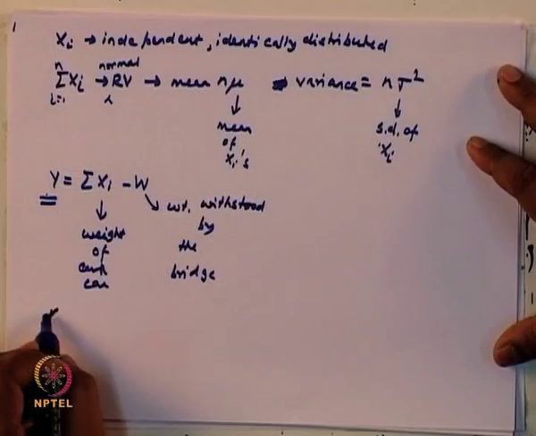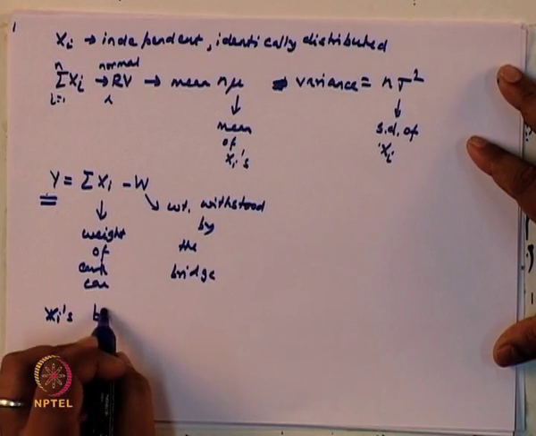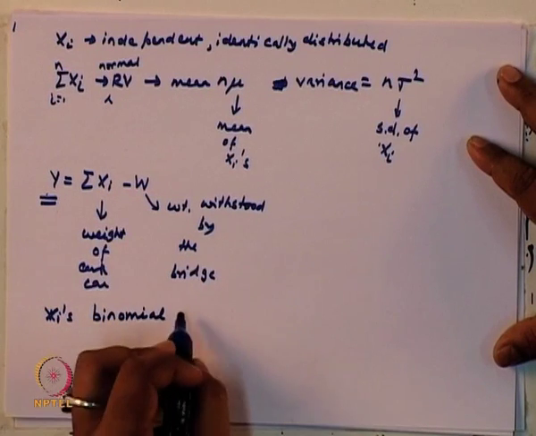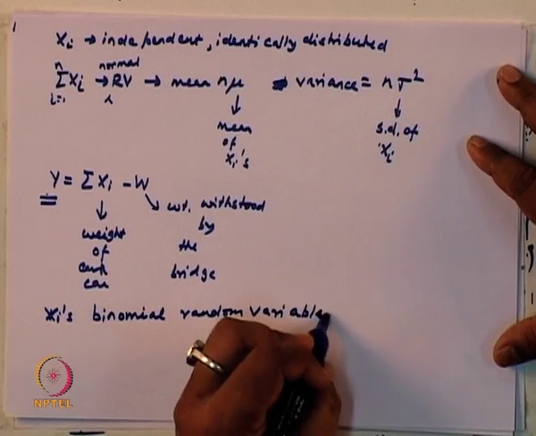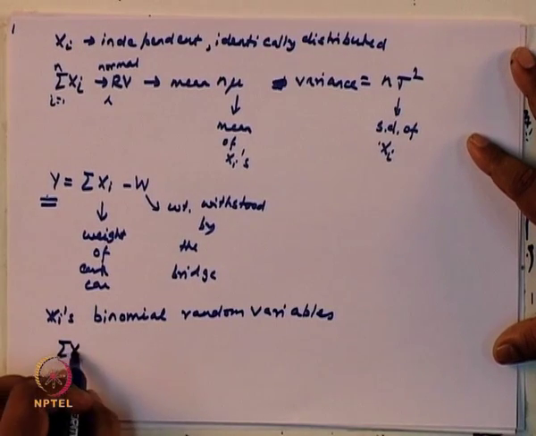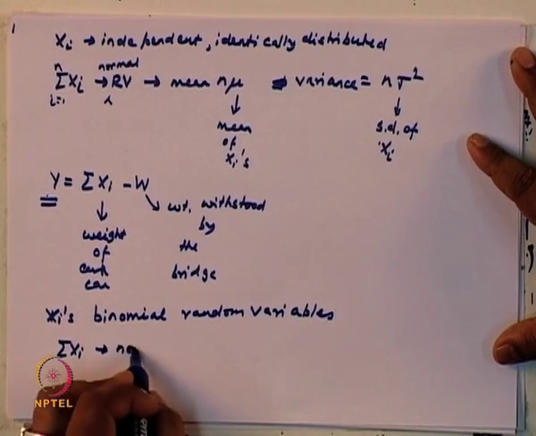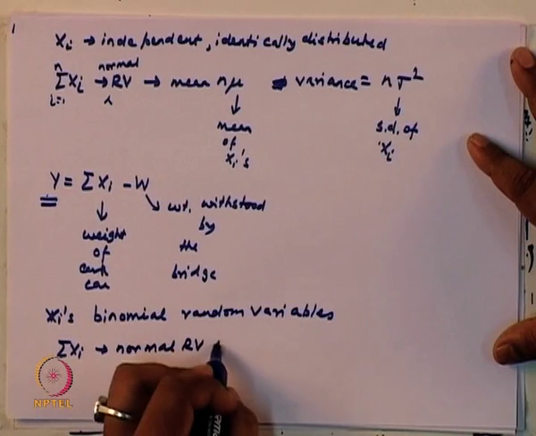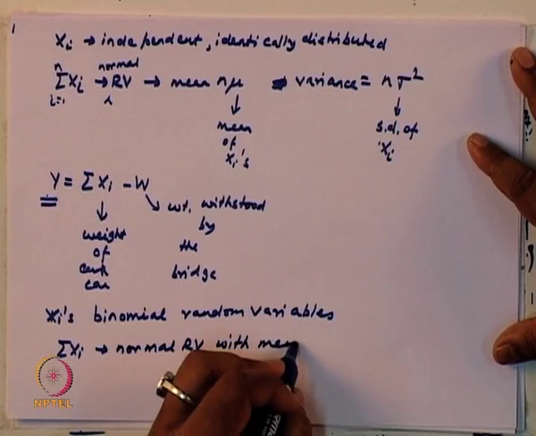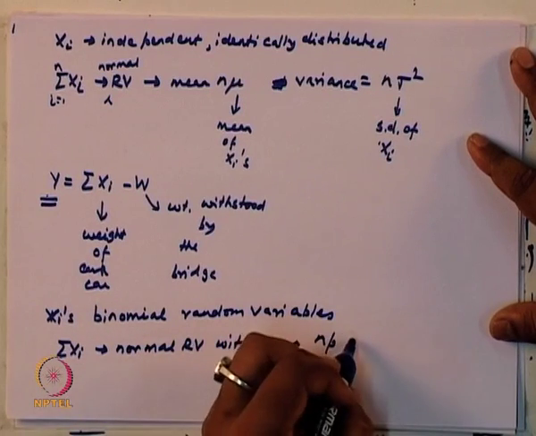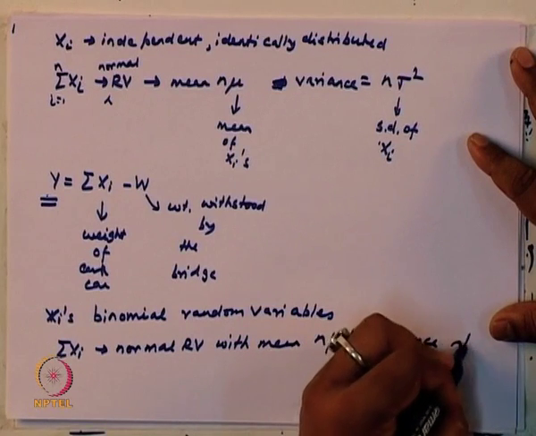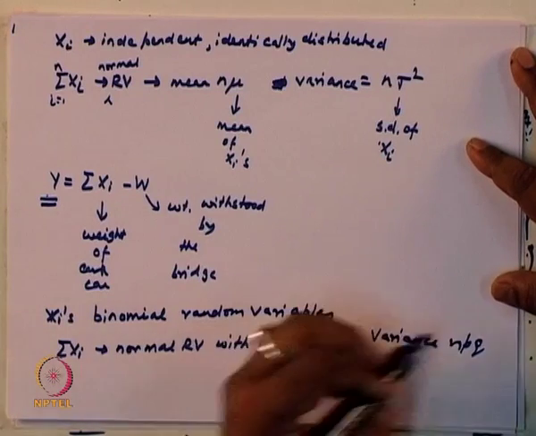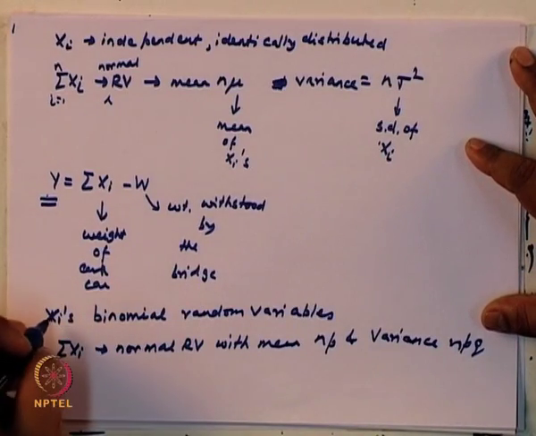One thing we had discussed in the last class was, for binomial, if the xi's were binomial random variables, then the summation of xi is a normal random variable with mean n times p and variance n p q, where p is the probability of success for the ith trial.